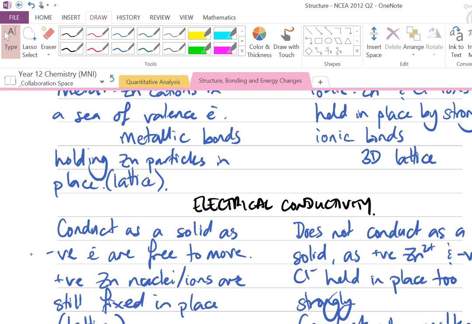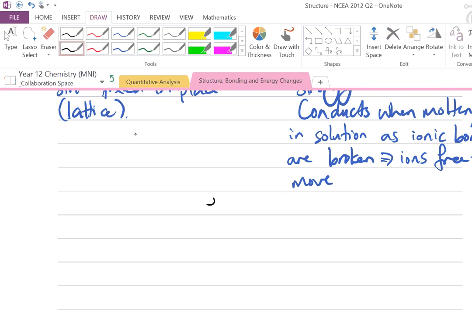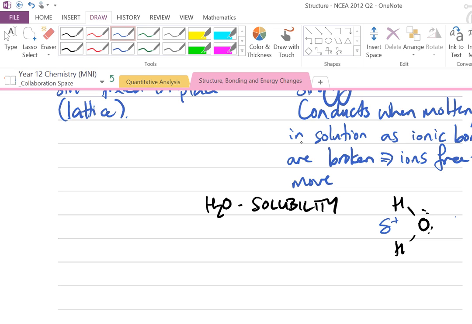Okay, my last property, if I go back to the top, is solubility in water. Now for this, I'm going to cover something that we haven't done in class yet. And I'm just going to quickly draw a water molecule over here. And what we've got here is a delta positive side and a delta negative side.